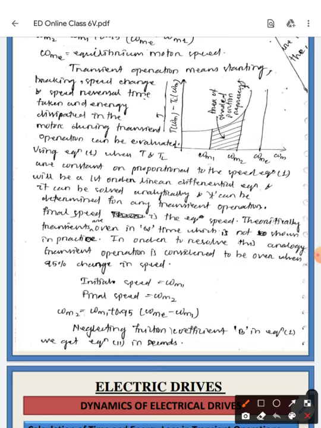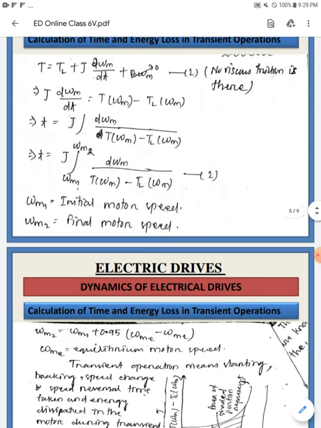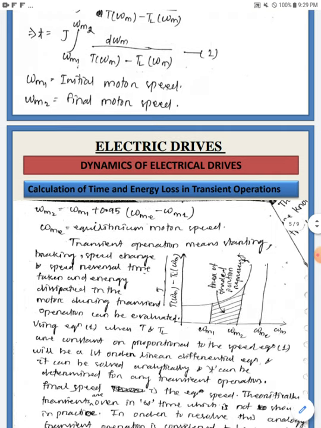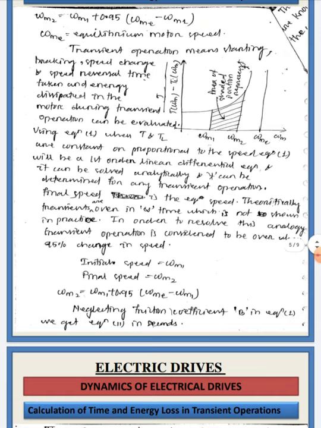Then it will be the first order linear differential equation that we are seeing in equation number 1. Equation number 1 is the linear first order equation, and it can be resolved analytically, and t can be determined for any transient operation.